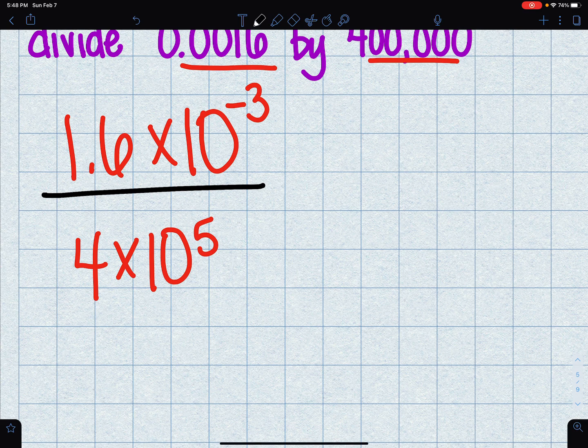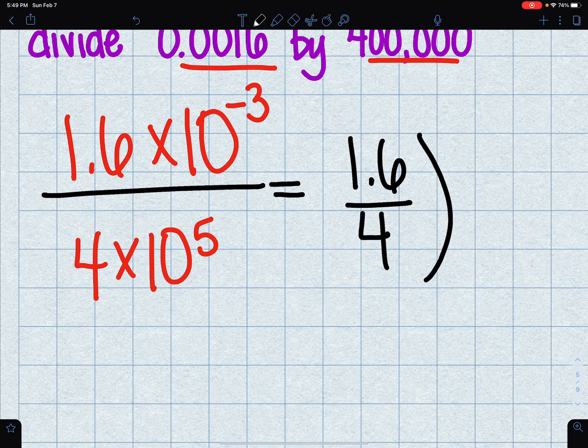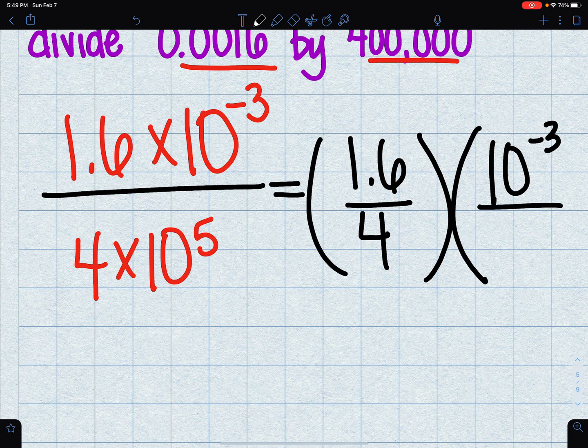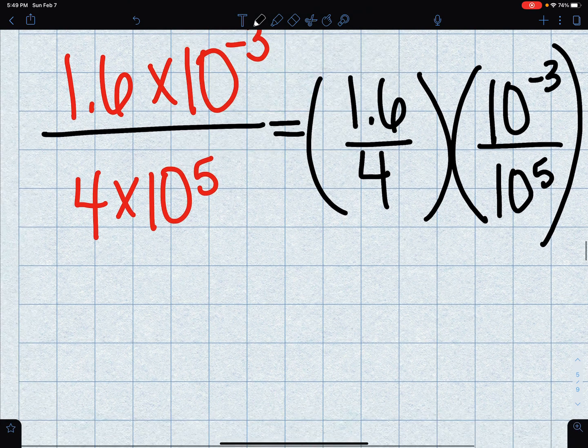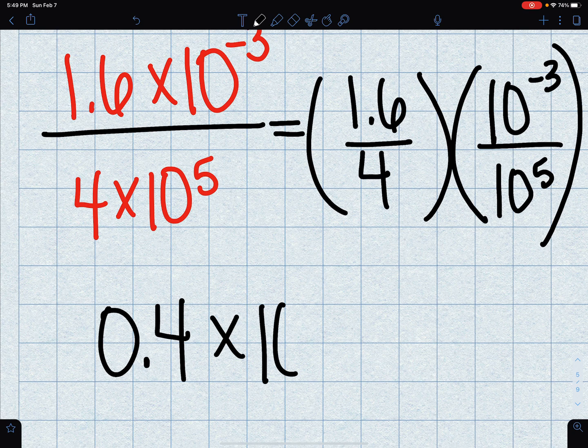Okay, so we're going to do the numbers at the front a little separately than the others. So it's 1.6 over 4. Then you have 10 to the -3 over 10 to the 5. Okay, what's 1.6 divided by 4? It's basically 16 divided by 4, but then you've got that decimal, so it's going to be 0.4 times 10 to the what?